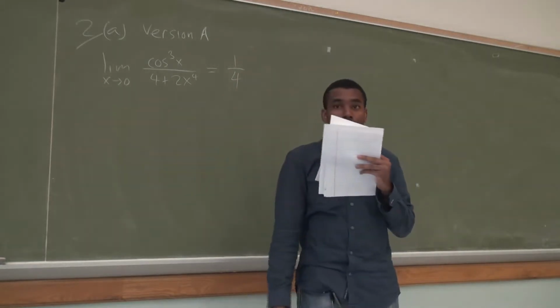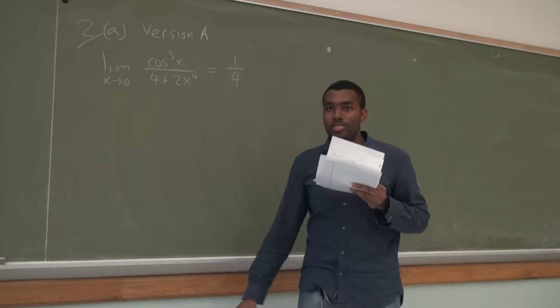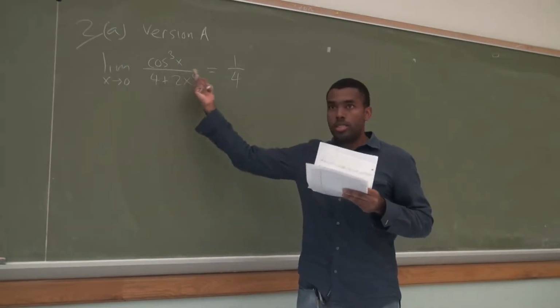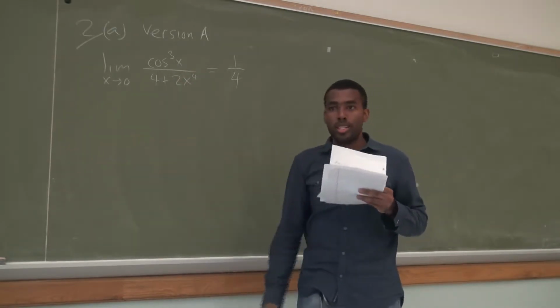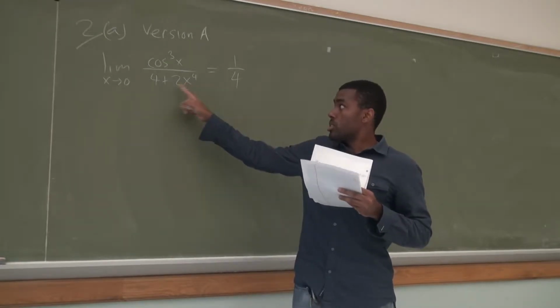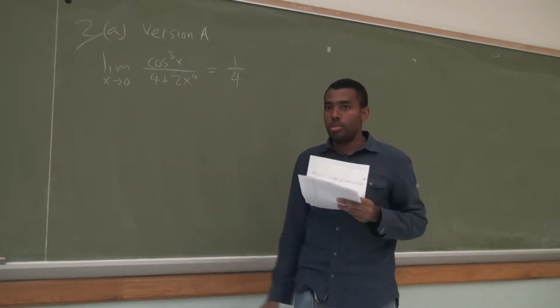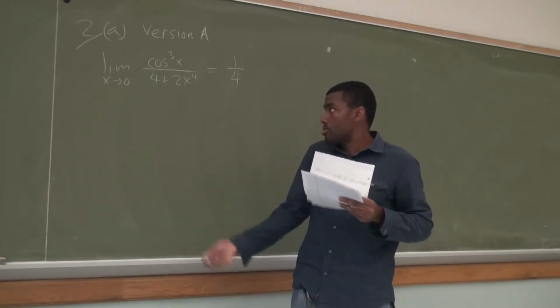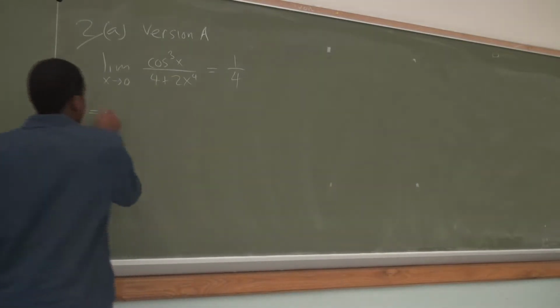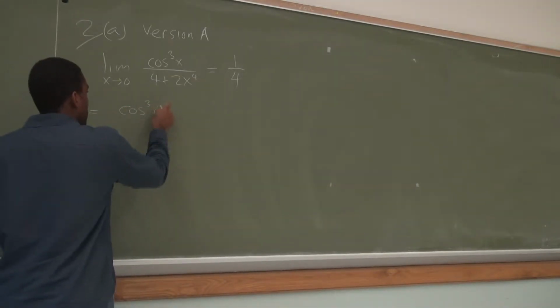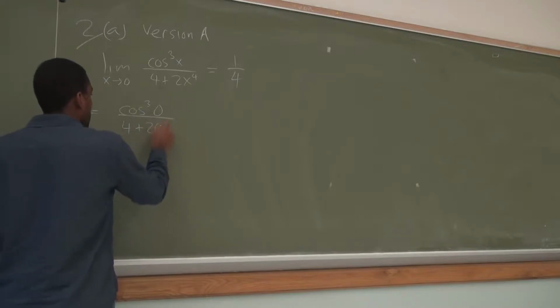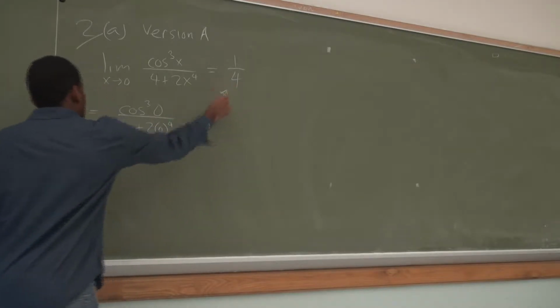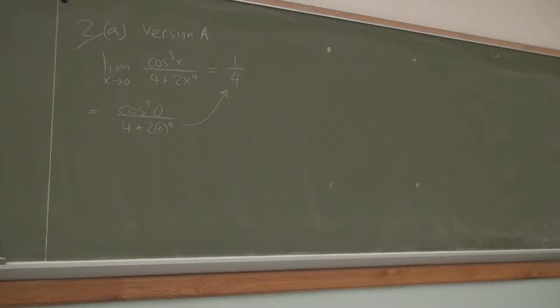How did you get that? Just plugged in 0. It's defined everywhere, actually. When you plug in 0, the denominator is not 0, so there's no problem with just plugging in. The cosine is defined everywhere, and the denominator is not 0, so literally just plug in 0. This is just cosine of 0 over 4 plus 2 times 0. It was just a plug-in. You didn't have to do anything other than that.